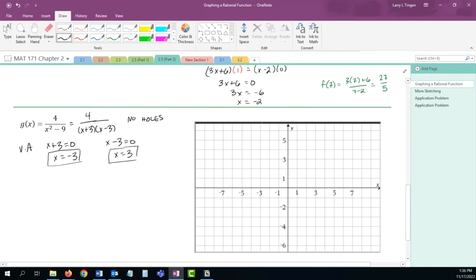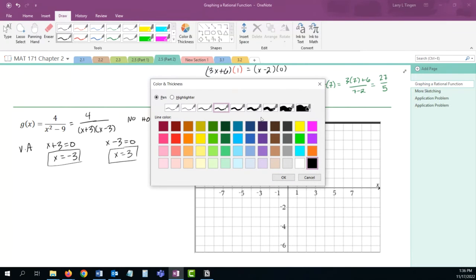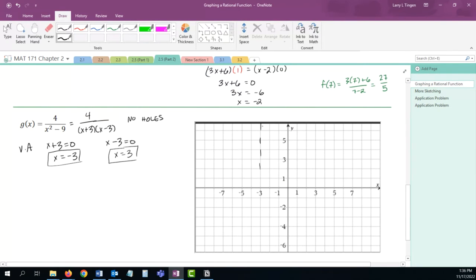At negative 3, I tried to learn my lesson on drawing: it's just easier to sketch these than to try to make a vertical line go dead on. That is negative 3, and then there's another one over here at positive 3. So vertical asymptotes done.